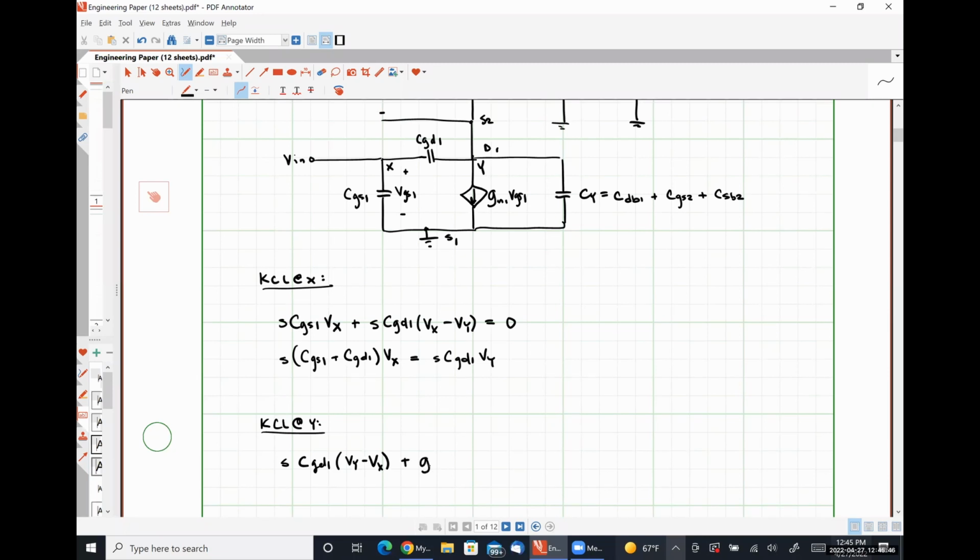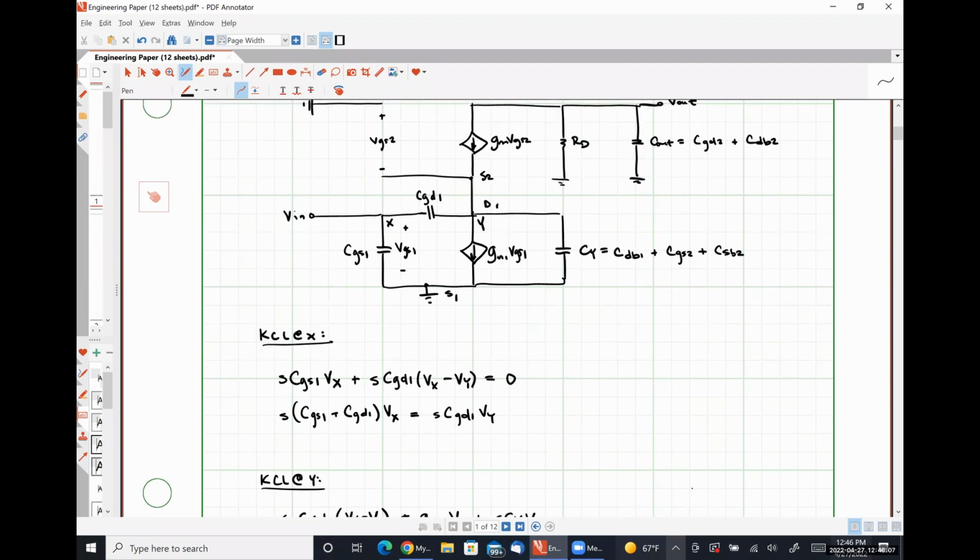Plus GM1 times VGS1, which is the exact same thing as Vx, plus S CY times Vy. So that's the current flowing down through this capacitance CY. And then the last thing I have is a current flowing in, which is GM VGS2.